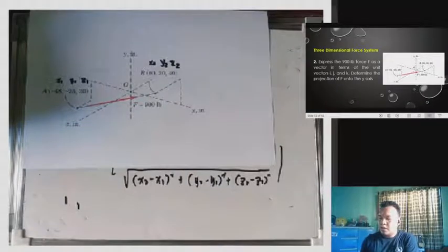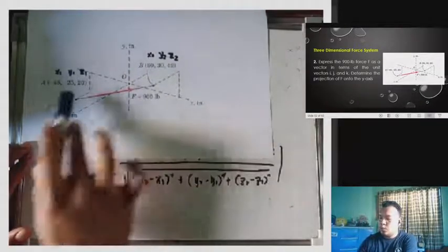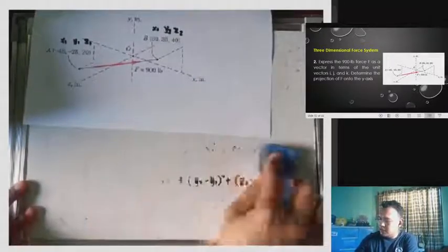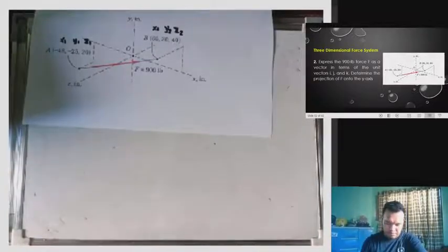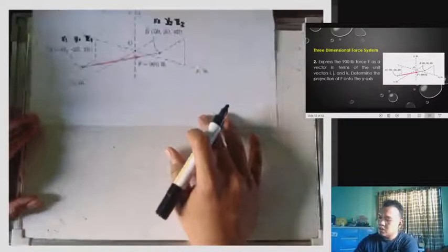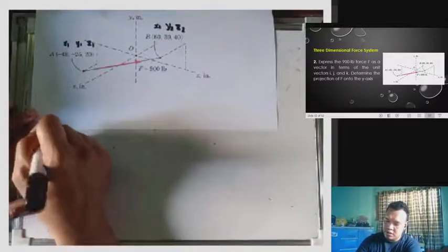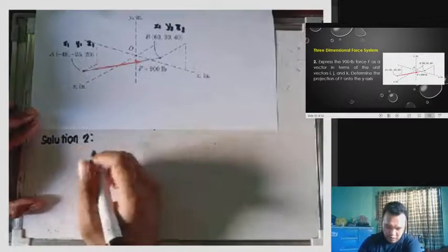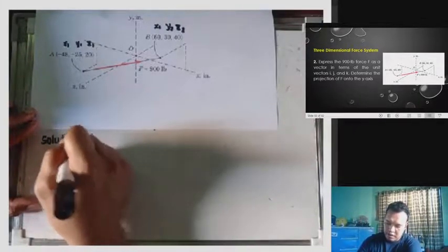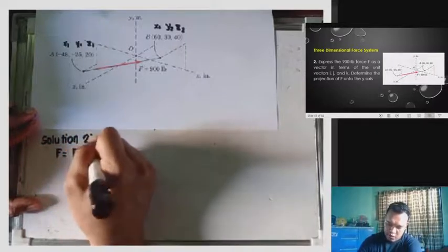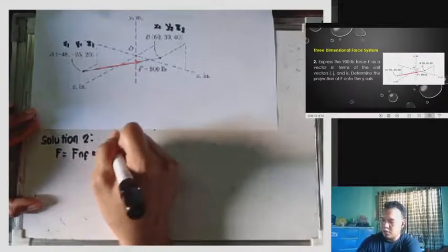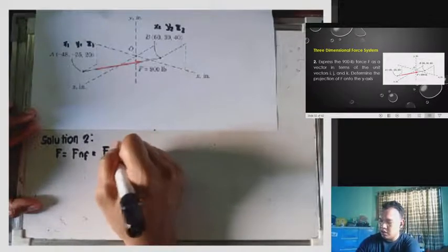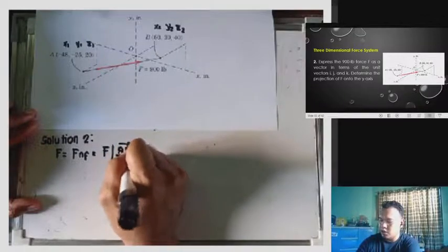So now I can get the value. Okay, let's solve. Solution, number 2. We have here the formula: F is equivalent to F, which is force, multiplied by line segment AB over line AB.